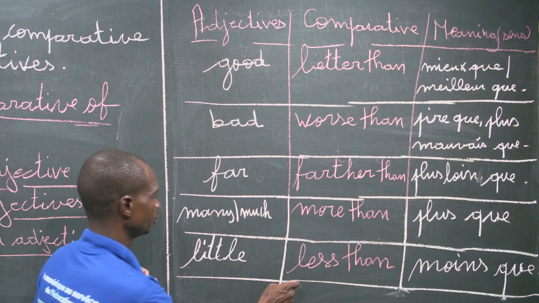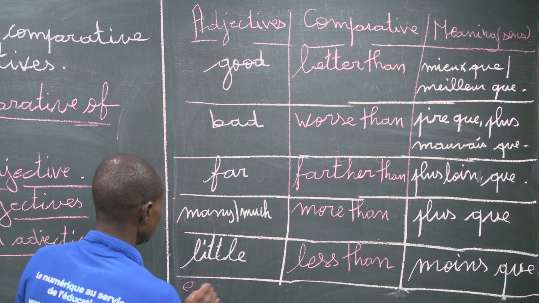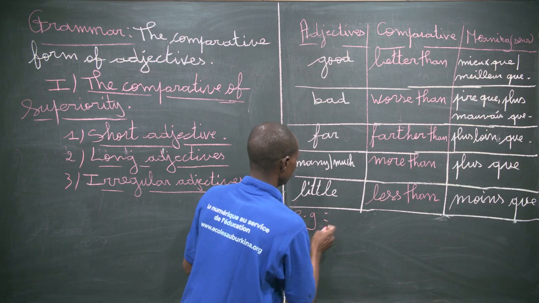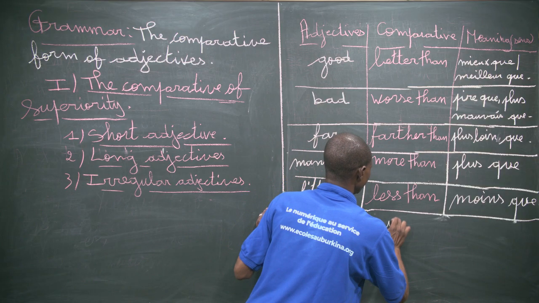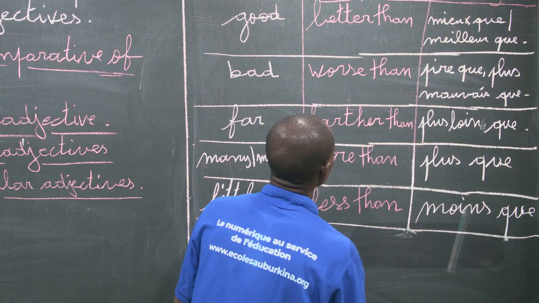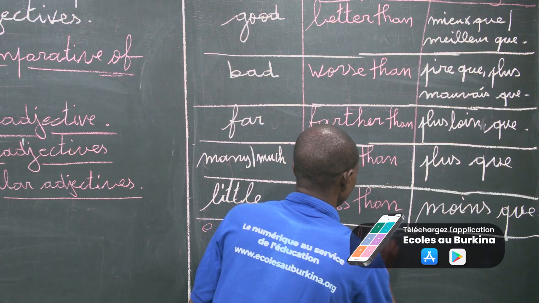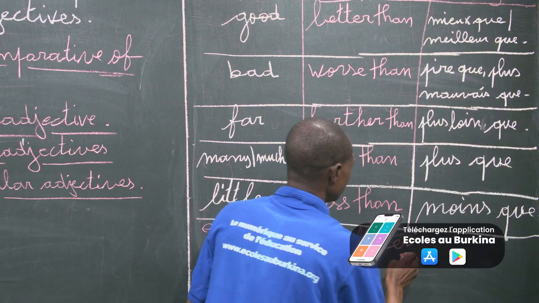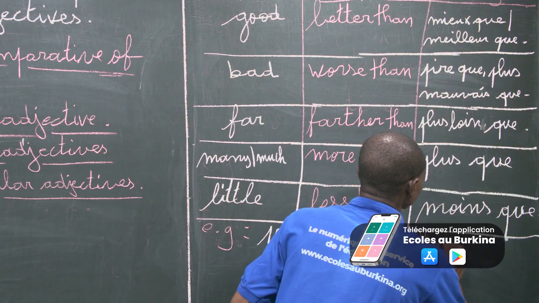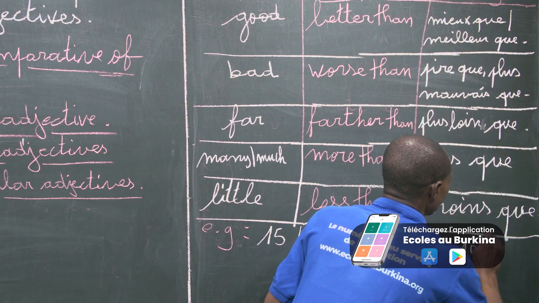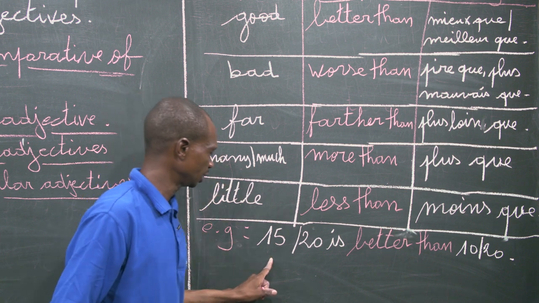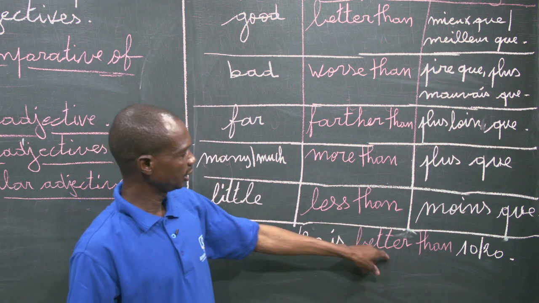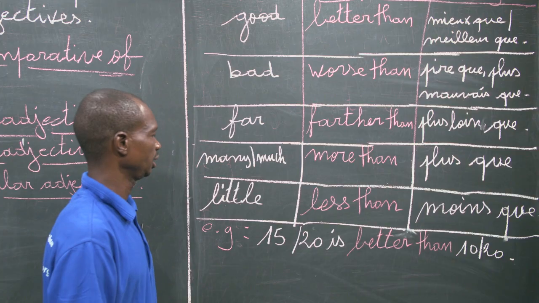Now we are going to give an example, just an example. Okay, 15 over 20 is better than 10 over 20, which means in French 15 sur 20 est mieux que 10 sur 20.